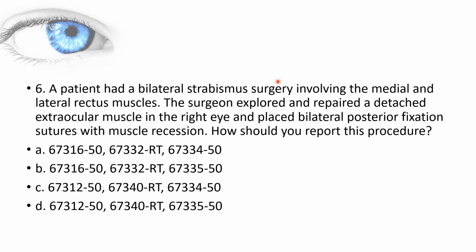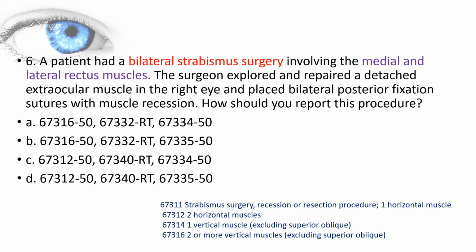Next, a patient had a bilateral strabismus surgery involving medial and lateral rectus muscle. Surgeon explored and repaired a detached extraocular muscle in the right eye and placed bilateral posterior fixation suture with muscle recession. How should you report this procedure? So this is a strabismus surgery and there are two muscles, medial and lateral.